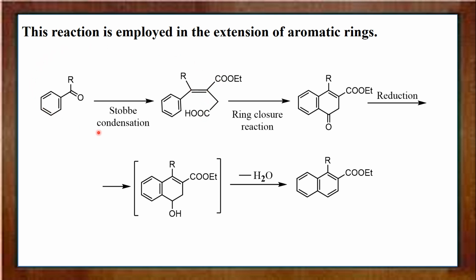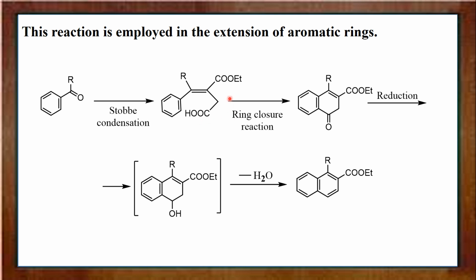So with this the Stobbe condensation is over, and further what we are doing here is converting this acid into acid chloride by treating it with thionyl chloride. So on treatment with thionyl chloride, this COOH will become COCl, an acyl chloride.